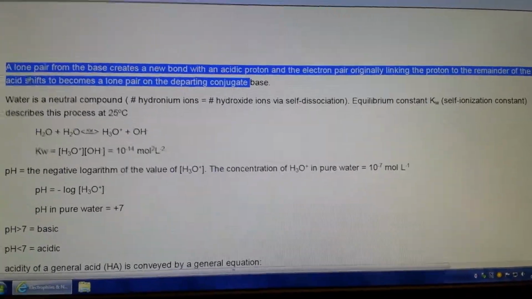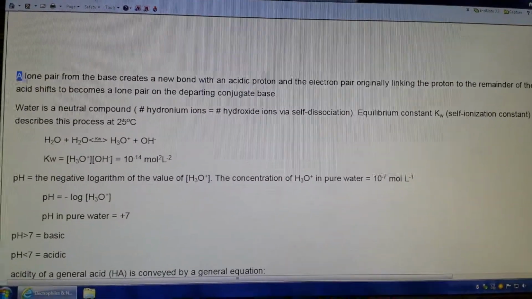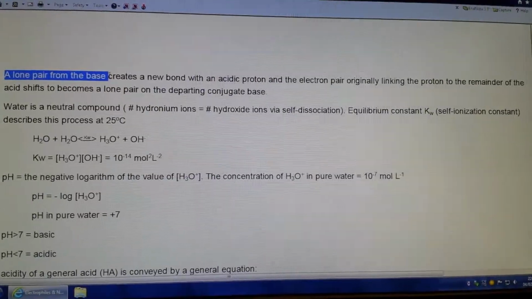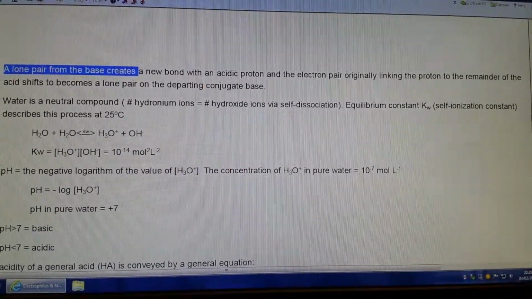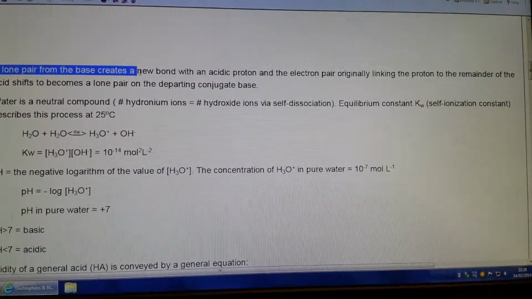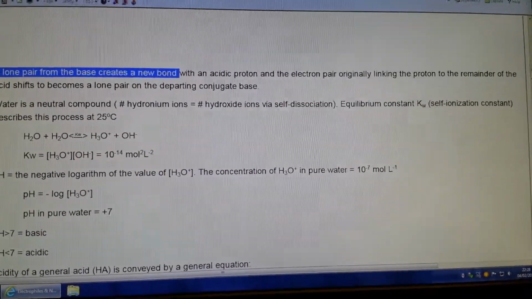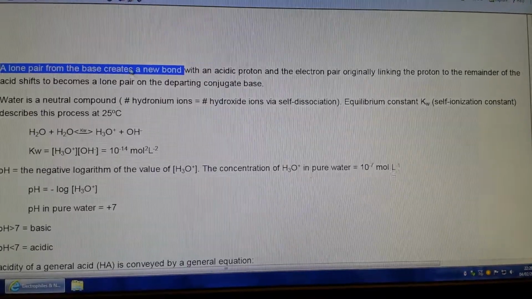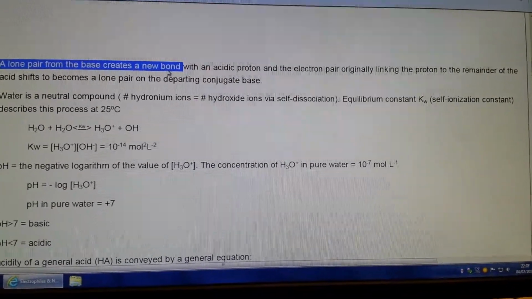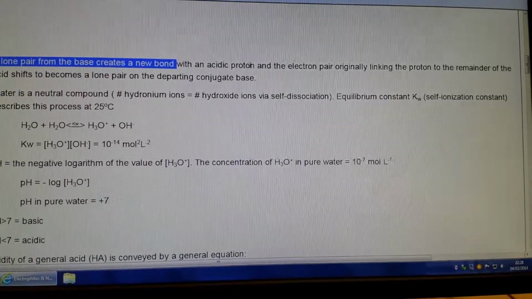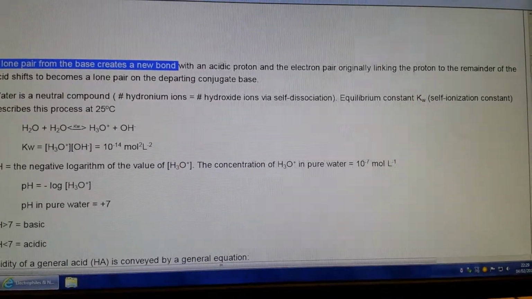The first thing is the lone pair from the base. If there is a base and it has a lone pair, what does it do? It creates a new bond. So a base lone pair forms a new bond, because a lone pair has 2 electrons, and they form a bond with an acidic proton, which is from the acid.